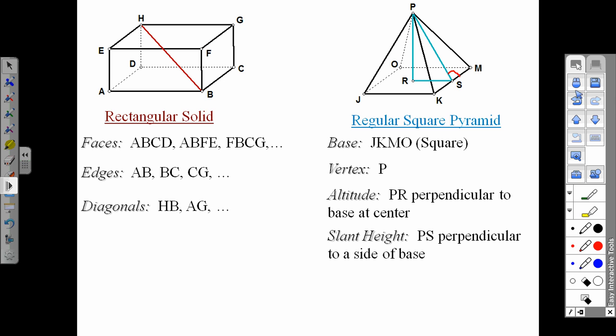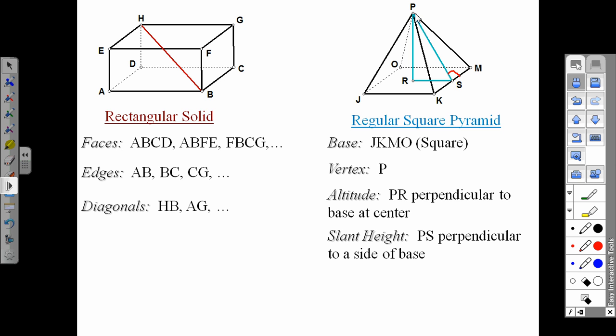So when you look at these triangles, there's a lot of triangles. There's triangle PSM. Well, that's a right triangle. Okay. There's also triangle PSK. That's also a right triangle, and those 2 triangles are congruent to each other.